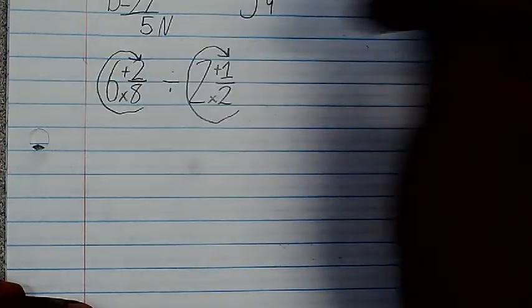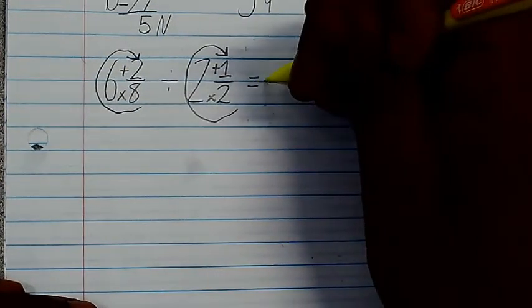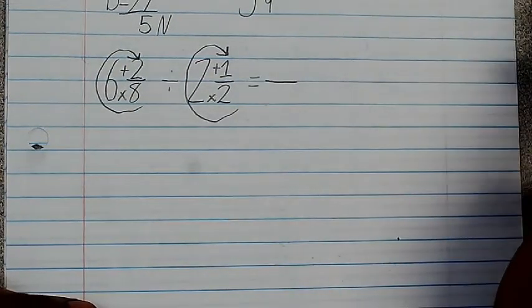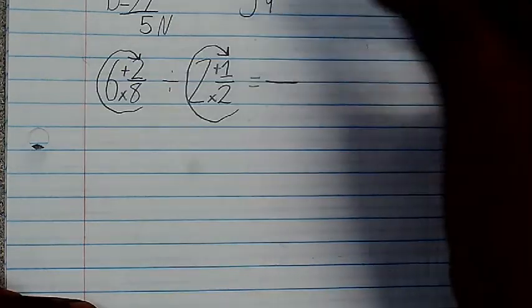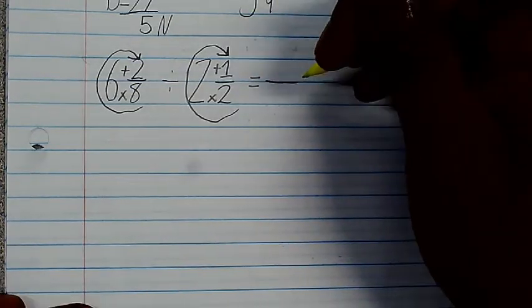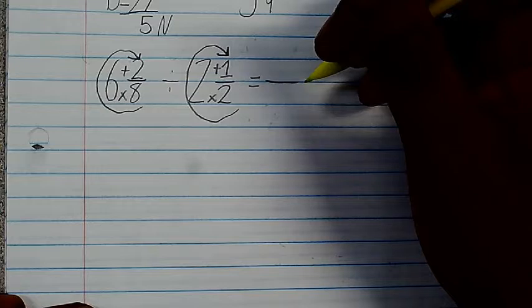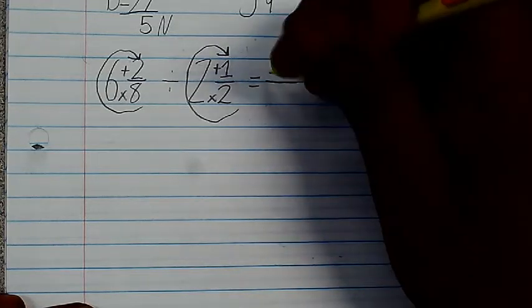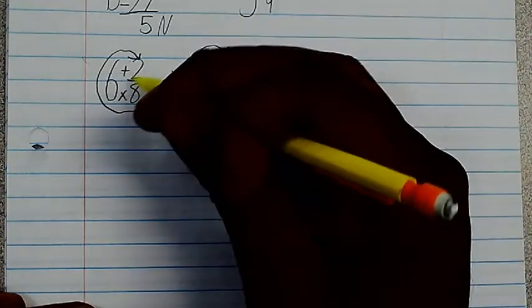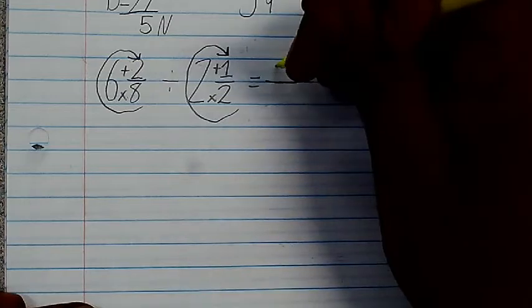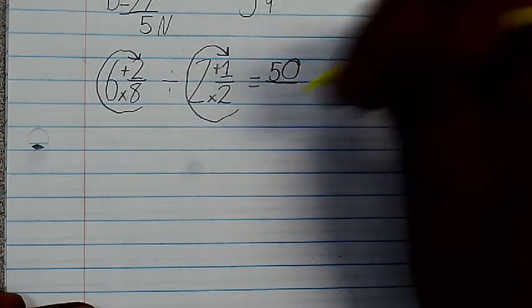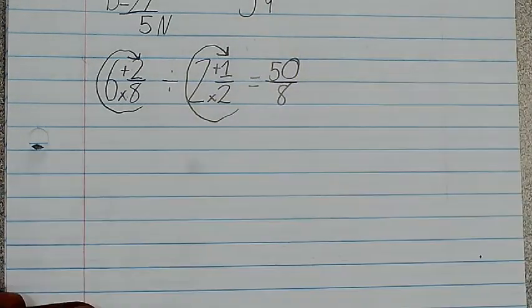Multiply, add, multiply, add. So now I'm going to rewrite these two values as improper fractions. So we have 8 times 6, which is 48. Thank you, 48. And then 48 plus 2 is 50. And that's going to be over 8.